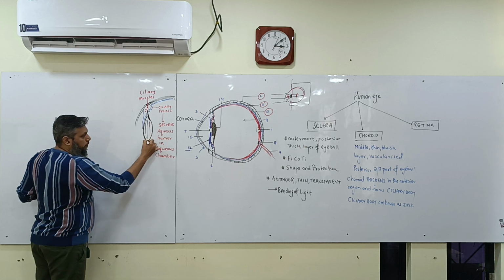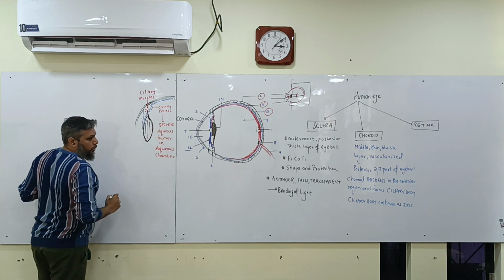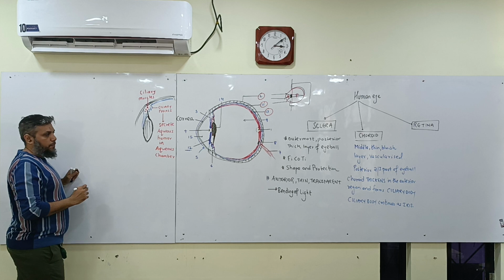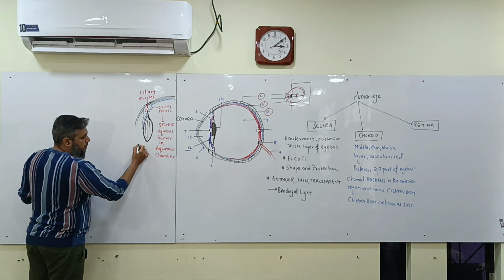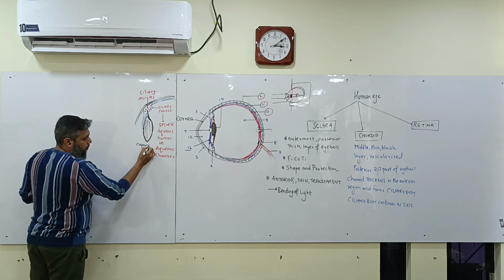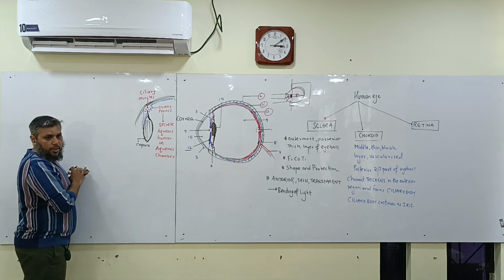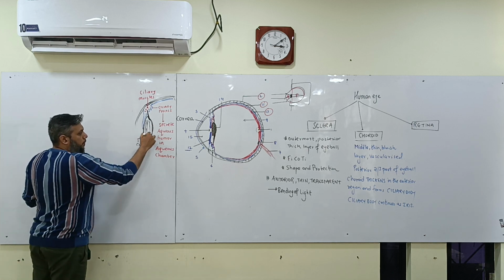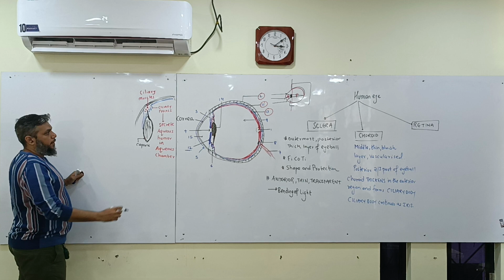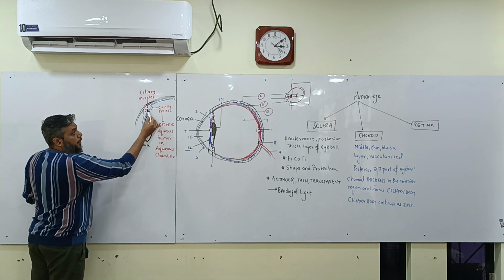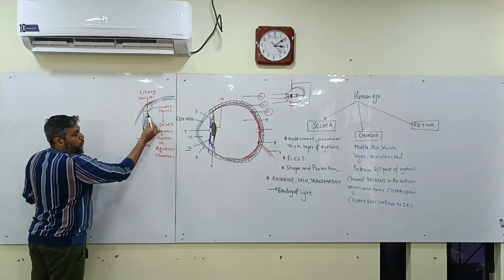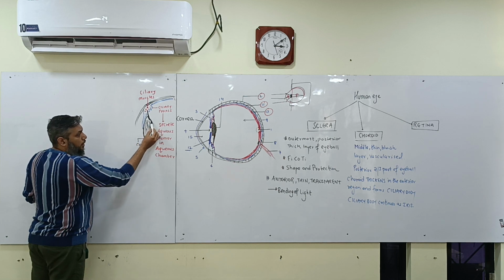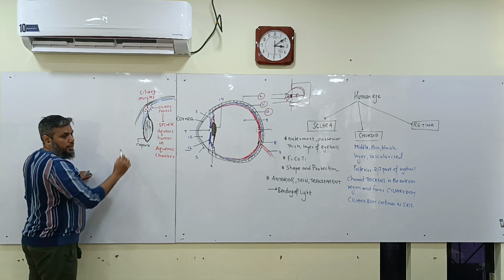Your lens is made up of a protein called crystallin and is covered by a capsule. ये बाहर का लेयर कौन है? कैप्सूल. और ये पूरा प्रोटीन से बना हुआ है. So do you see the ciliary muscles through the suspensory ligaments are connected to the capsule of the lens.